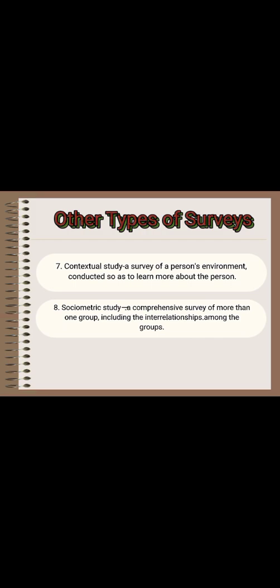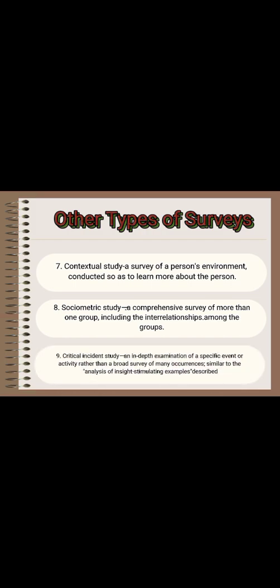Sociometric study. A comprehensive survey of more than one group, including the interrelationships among the groups. 9. Critical incident study. An in-depth examination of a specific event or activity rather than a broad survey of many occurrences, similar to the analysis of insight-stimulating examples described.